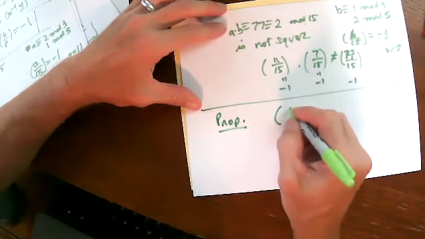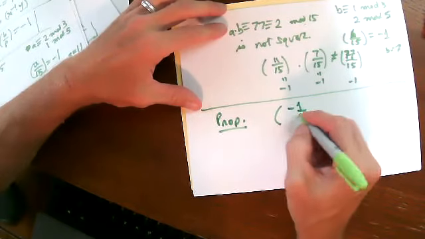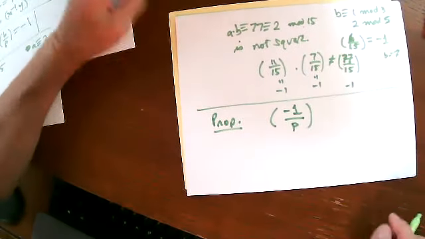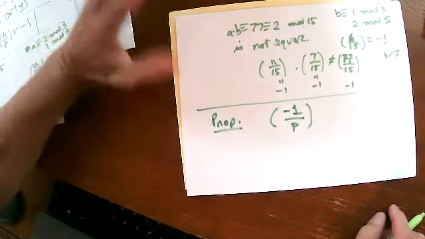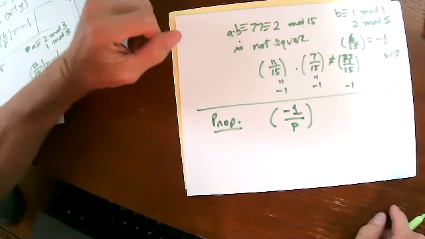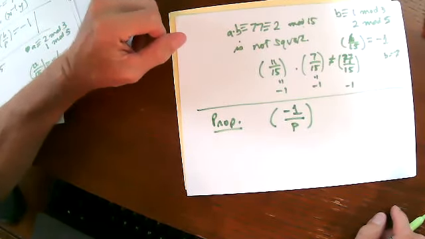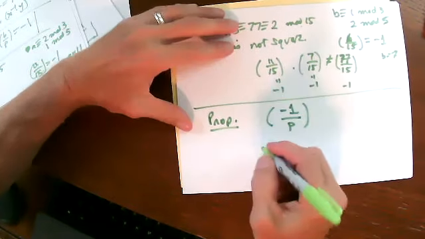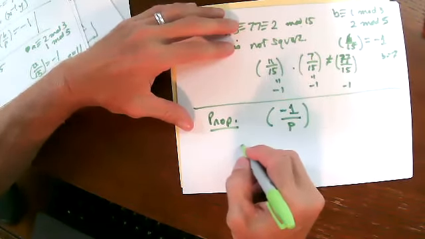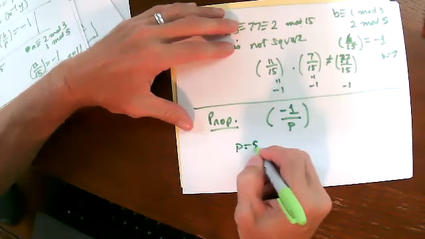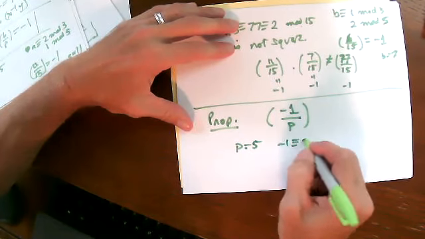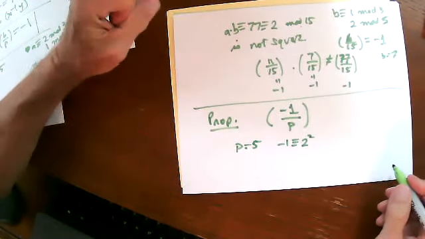How would you compute the Legendre symbol of -1 modulo p? For what odd primes p is -1 a square mod p? Now don't tell me -1 can never be a square, because you're thinking of real numbers here. Obviously, when p is equal to 5, then -1 is congruent to 2 squared, so it is a square modulo p.